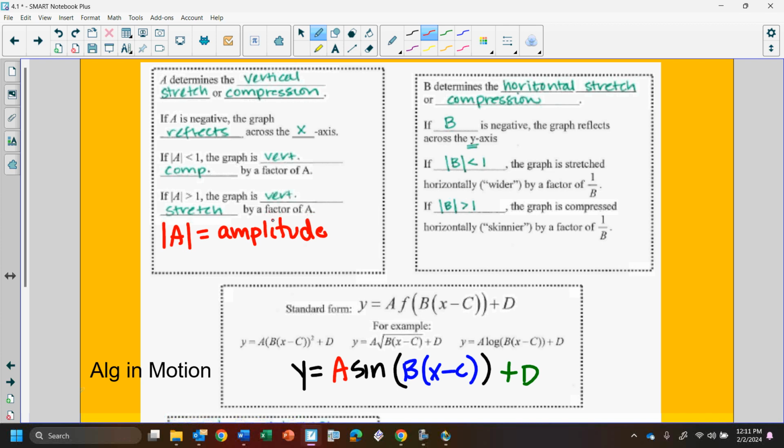If you want to write a definition for it, amplitude is your distance from the dividing line. How far up and down those peaks and valleys are, the tops and bottoms of those hills. The amplitude is how far they are from the dividing line. Remember, amplitude is always positive. That's what your A value does: that vertical stretching and compression. Cool beans?